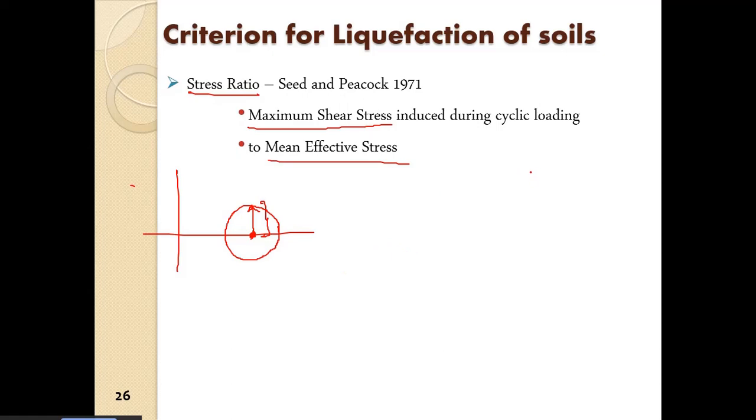Now let us consider the sample in situ. So we have the sample in situ.